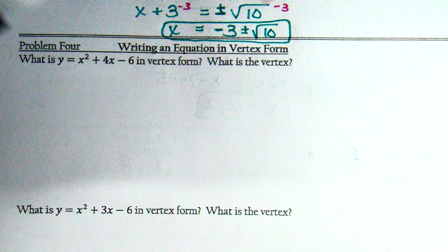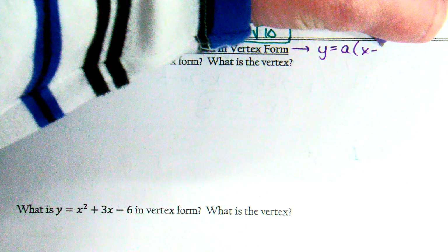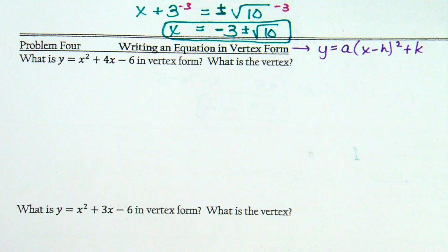So first of all, I need a reminder. What is vertex form? Y equals a times x minus h quantity squared plus k. Okay, that's vertex form. Now, completing the square is going to get us there.